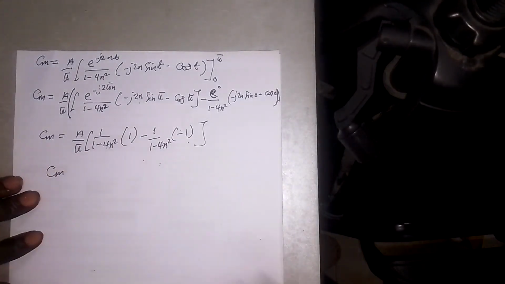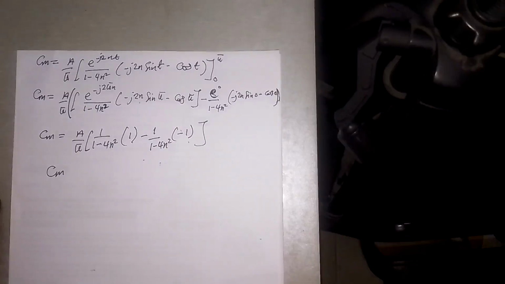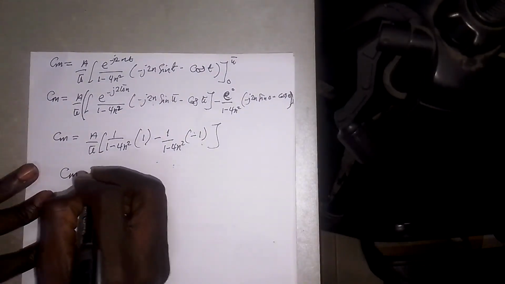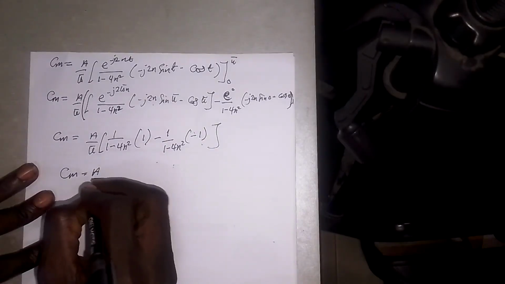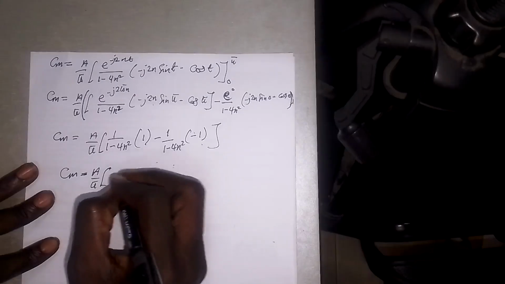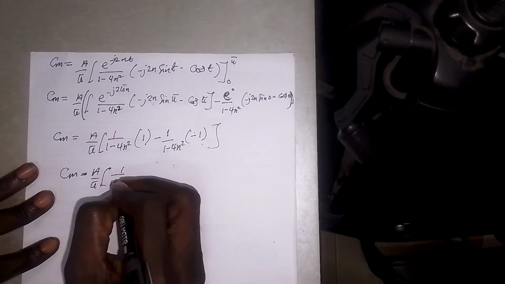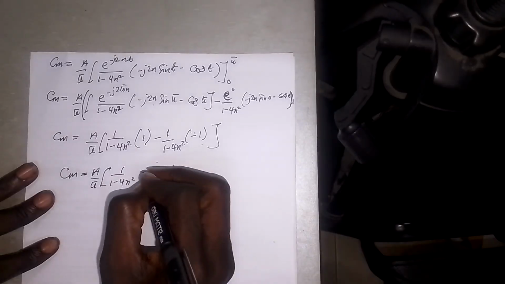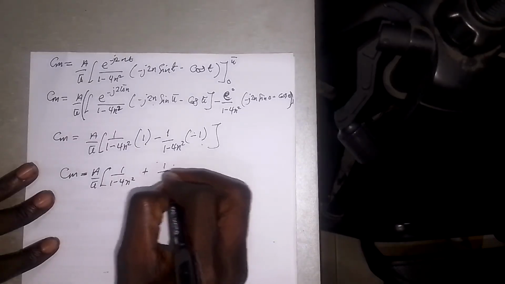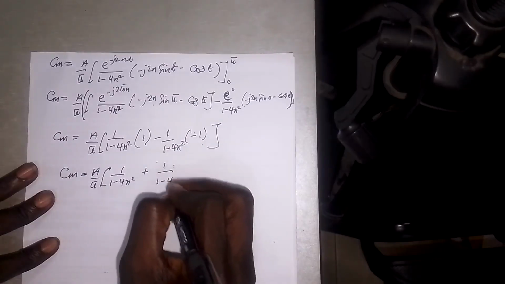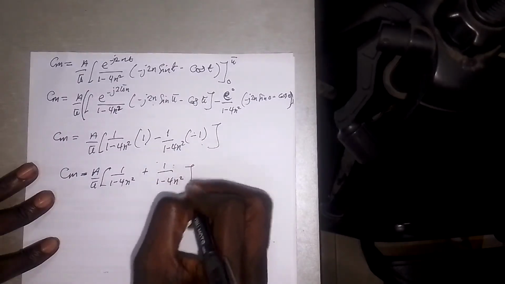So that means Cm is equal to A on pi, 1 over 1 minus 4n squared, plus, because of the minus, plus 1 over 1 minus 4n squared.